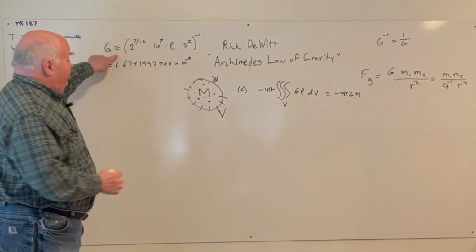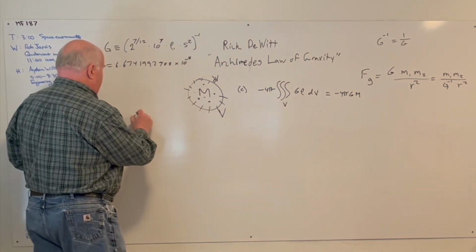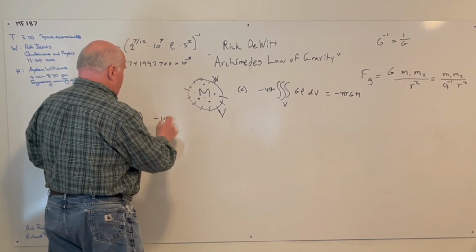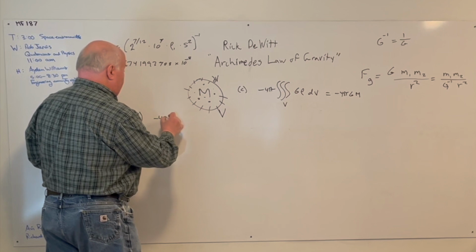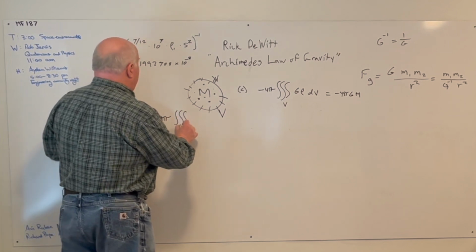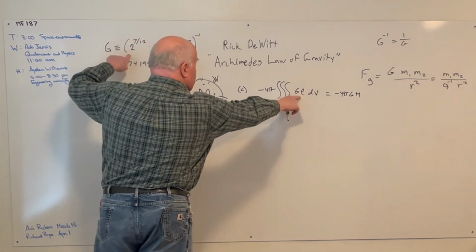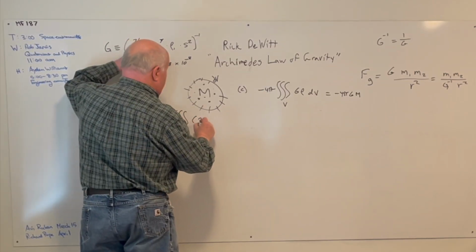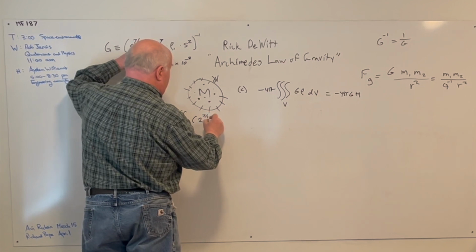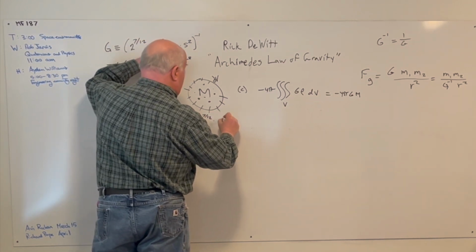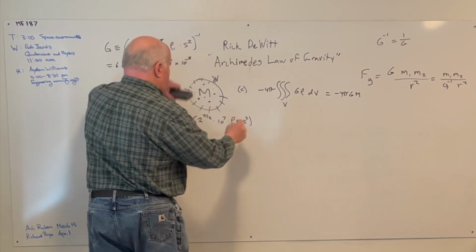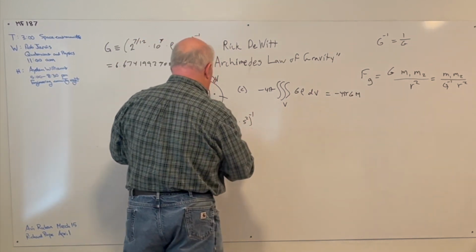So now doing Archimedes Law of Gravity, I do the substitution, minus 4 pi triple integral of g, right here I'm substituting, which is 2 to the 7/12 times 10 to the 7th times rho 1 times second squared, and all of that to the minus 1 power.